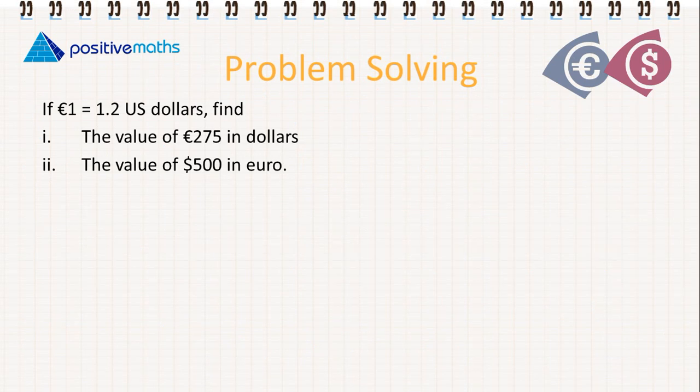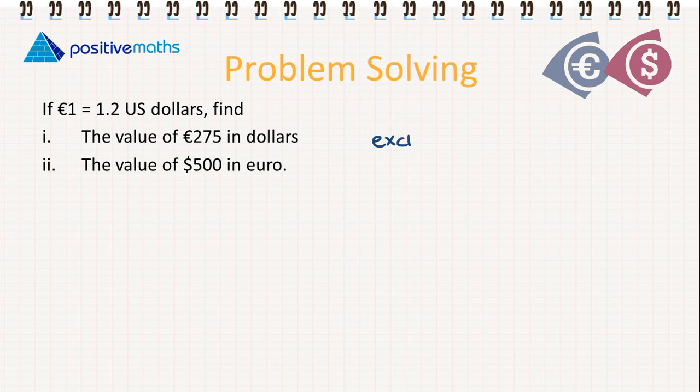Okay, the next problem. If 1 euro is equal to 1.2 US dollars, find number 1, the value of 275 euro in dollars, and number 2, the value of $500 in euro. So we're going to use our exchange rate.